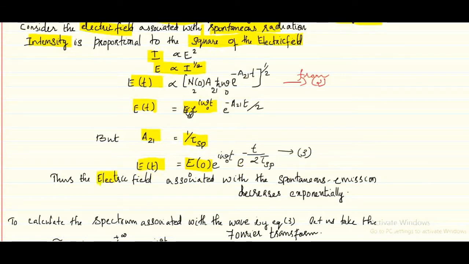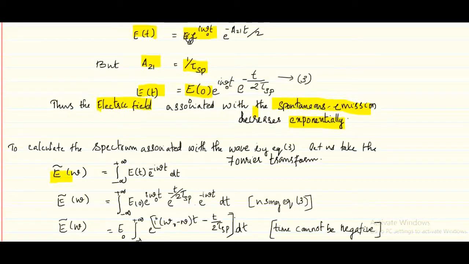From equation 3 we can write that the electric field associated with spontaneous emission decreases exponentially. Thus, to calculate the spectrum associated with the wave described by equation 3, let us take the Fourier transform. Writing the general form, E bar of omega equals integral from minus infinity to plus infinity E of t e raised to minus i omega t dt.